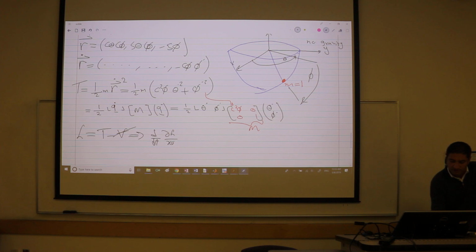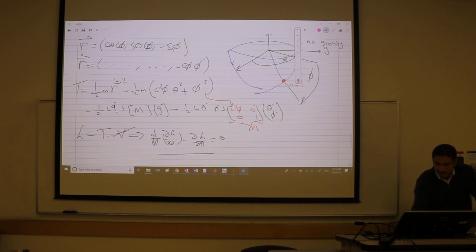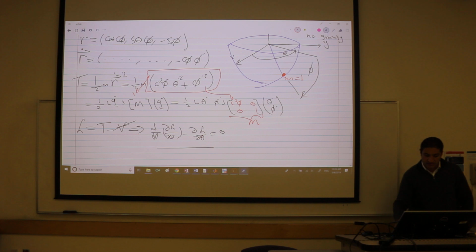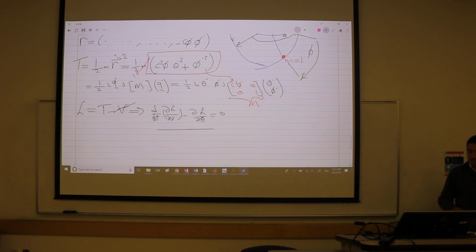Partial L, partial theta dot, yada yada, minus partial L, partial theta is 0, and the same for phi. You can see now, if mass is unity, this is the exact same thing that we worked with before, the same Lagrangian that we worked out. We got the same equation.